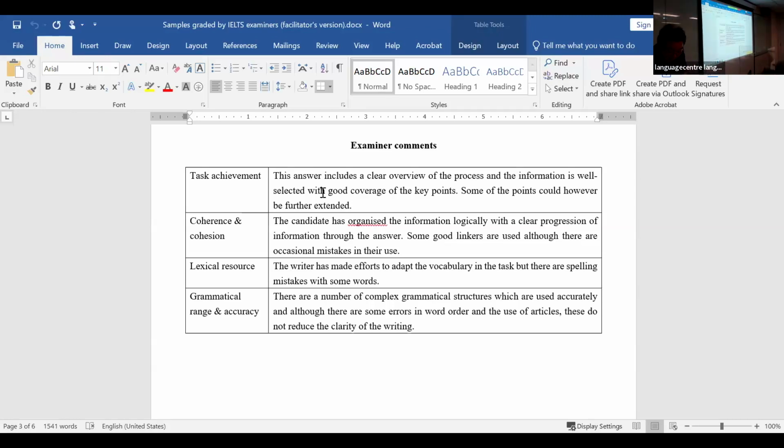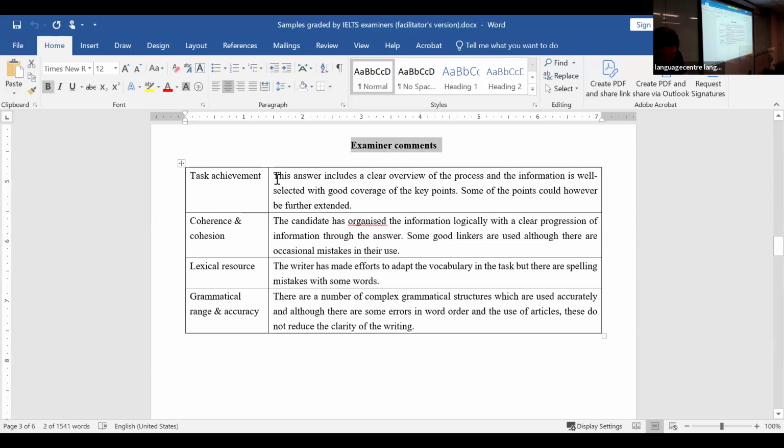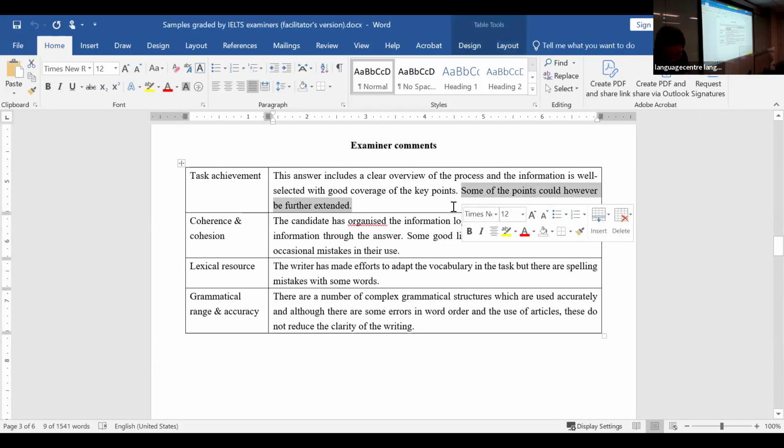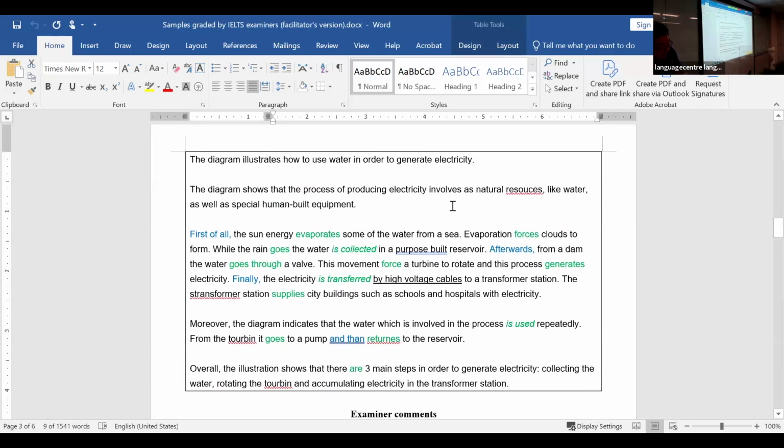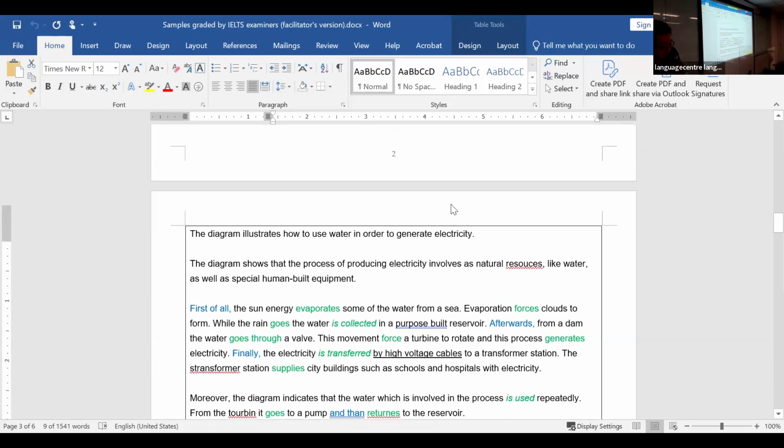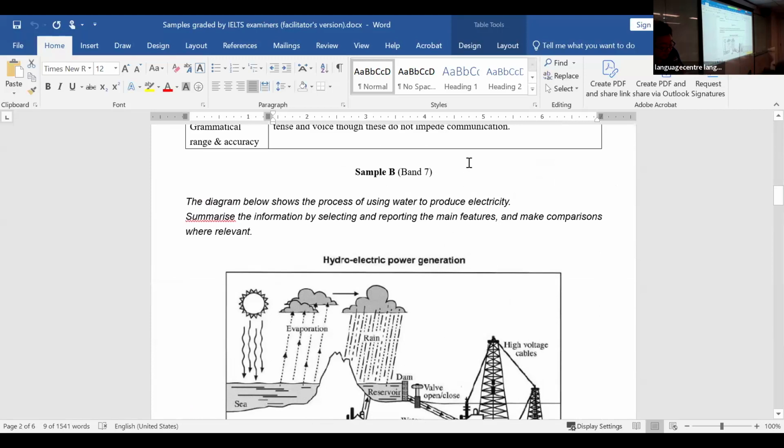So why is this important? If we look at the examiner comments for sample B concerning task achievement, sample B is good because it scores a 7 in the IELTS exam.